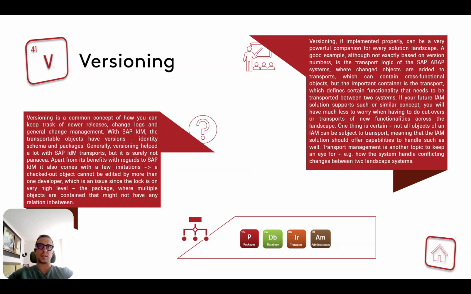Exactly in this case, it would be perfect if all those objects could still reside in different packages for organizational purposes, but be part of one transport, which would guarantee a hassle-free import and cutover in the systems of the landscape.